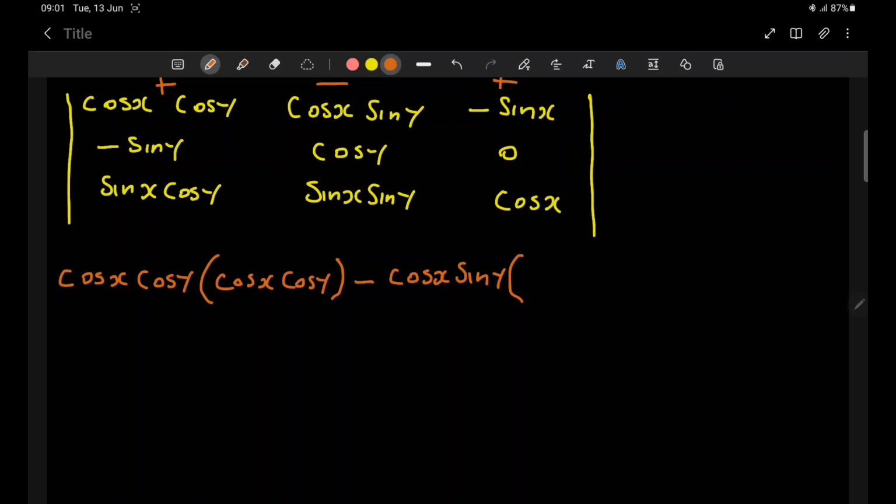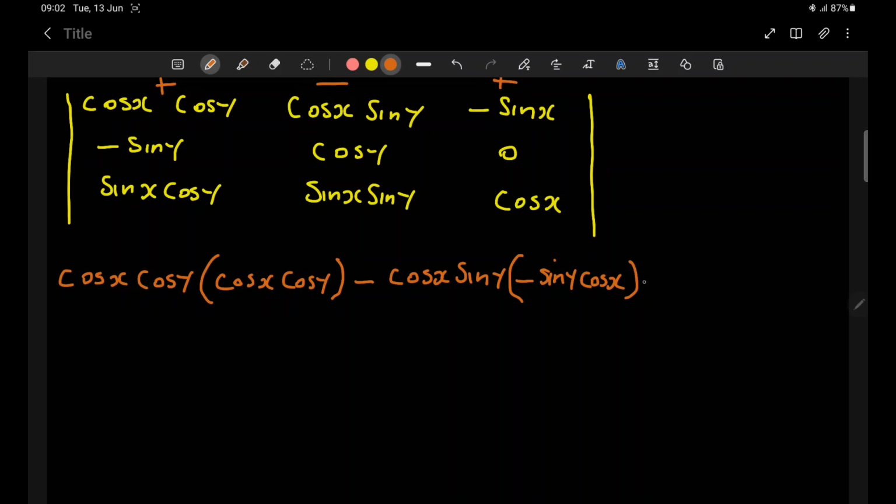We're multiplying negative sin y with cos x, which gives us negative sin y cos x. Then we multiply sin x cos y with this element which is 0, so it's just 0, and it's okay if we don't write it.